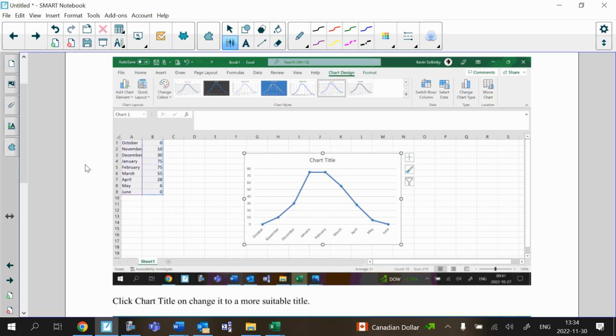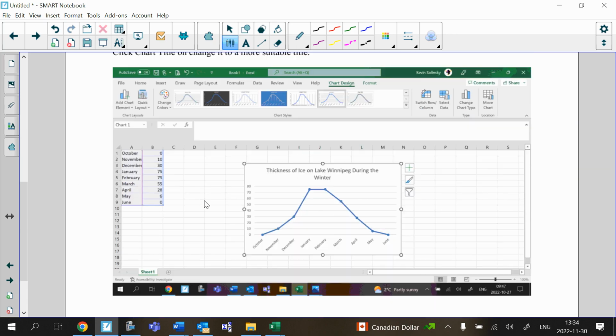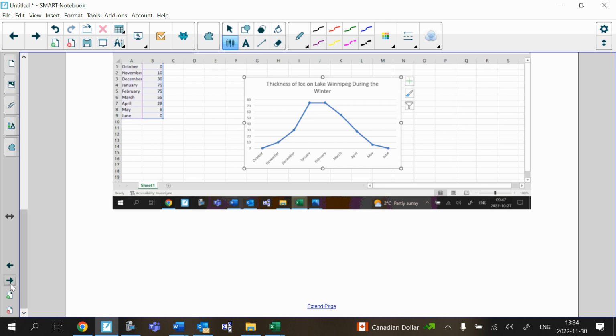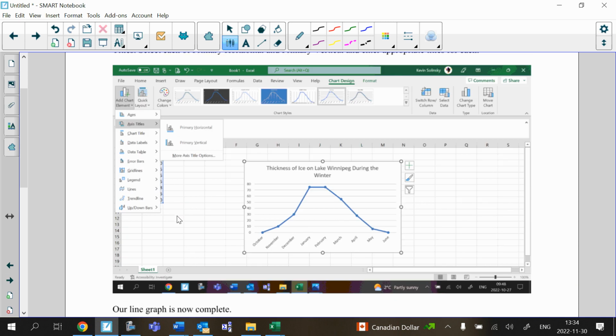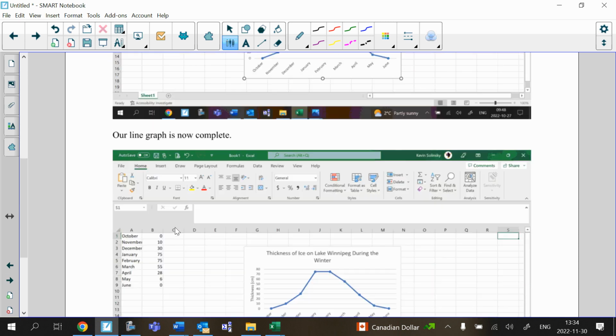Okay. So again, that gives you an idea of what a line graph looks like. And of course, as you were doing, you can just play around with it, change background color, change line colors. You can change the number of grids that you see on it, all sorts of things that you could change.